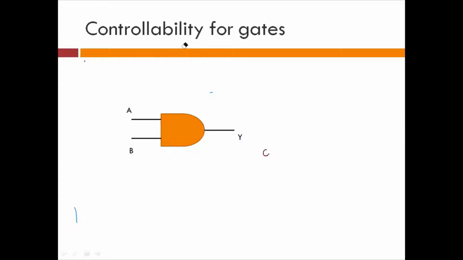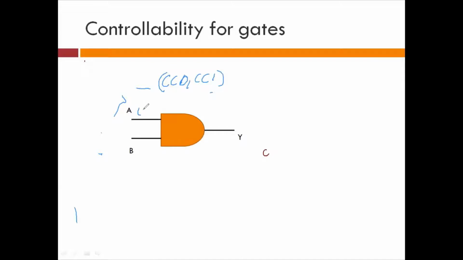So normally the way you represent it is CC0 and CC1. So at each point I represent it like this.